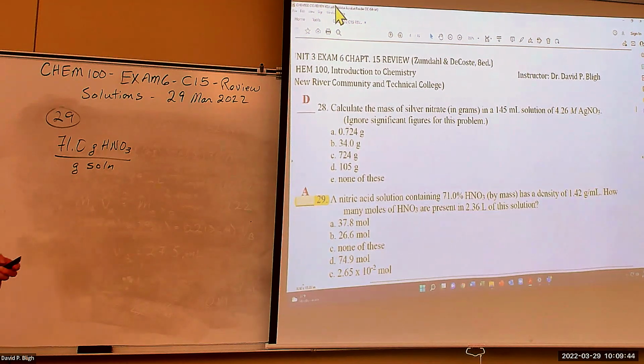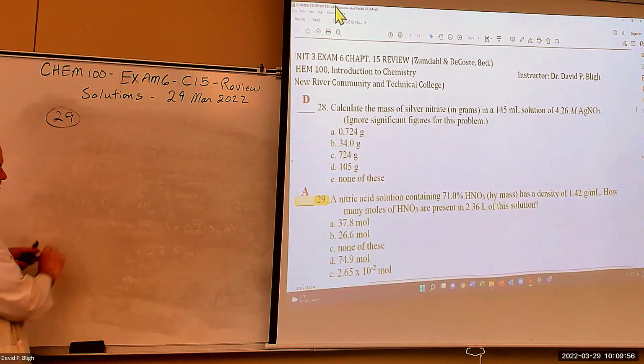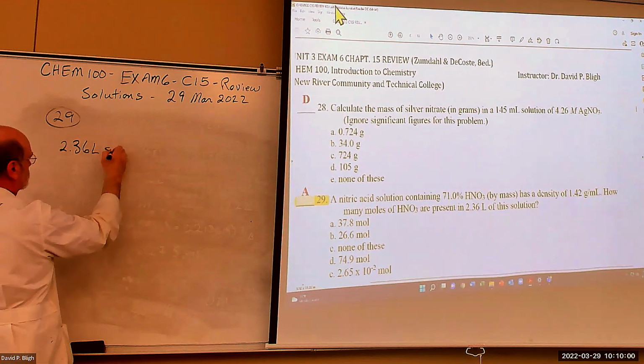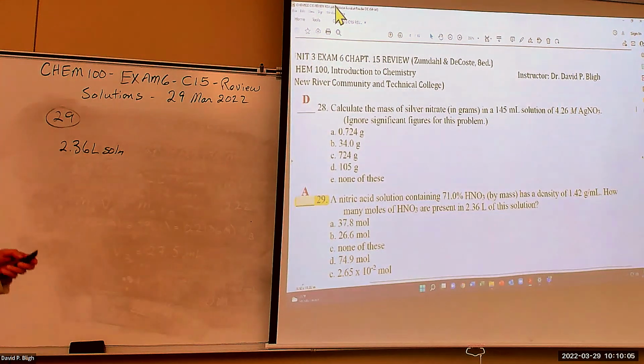Actually, our starting point is here. This is what we possess. 2.36 liters of solution. That's what we have. The concentration, though, is in mass percent. So this needs to be converted to how much mass is that? That's where the density comes in.